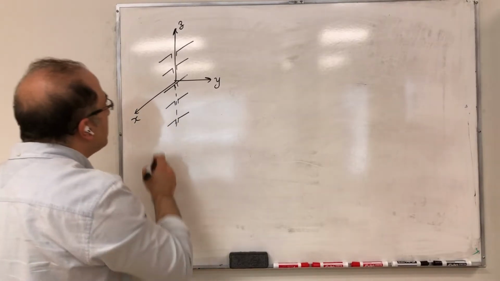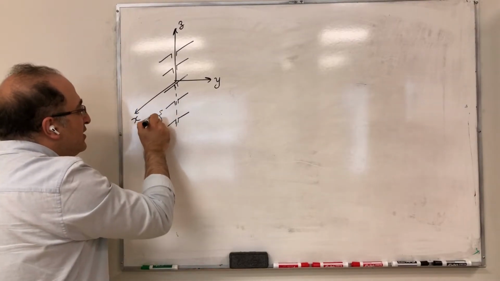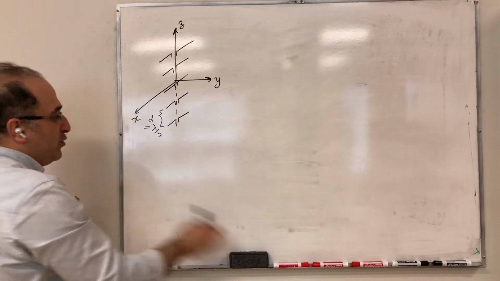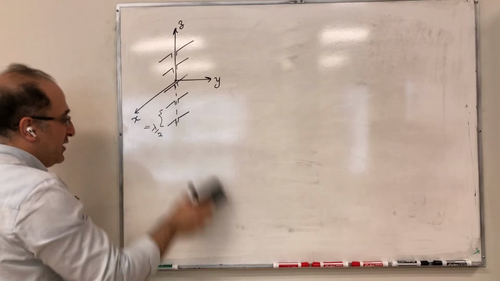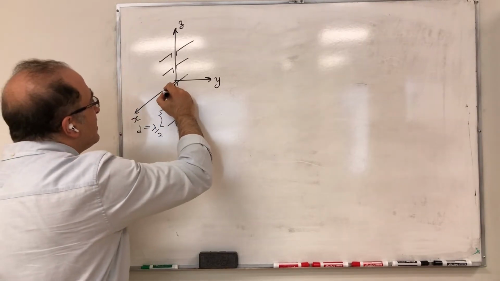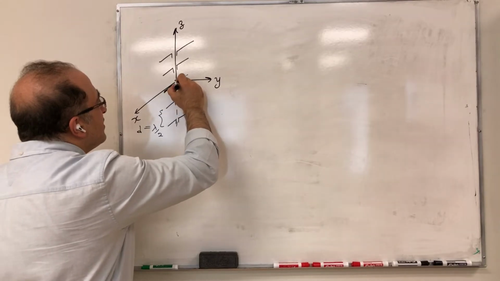The separation between these antennas is d, and d is set to lambda divided by 2. So that's the separation between the antennas. This is along the x-axis.